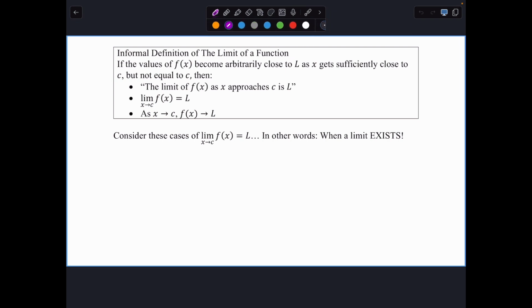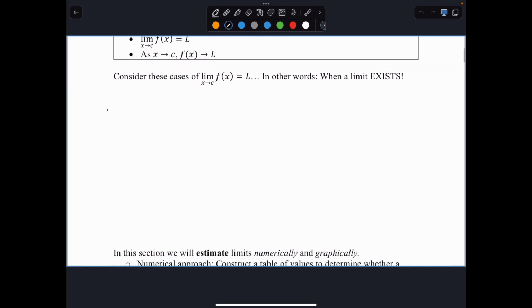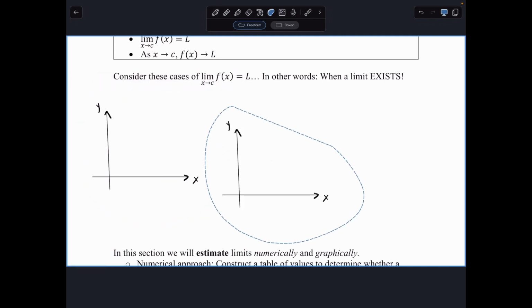So I'm going to draw, how do I want to do this? I'm going to draw 3 graphs here that will look very similar. So I think I'm just going to draw quadrant 1. I'm going to copy and paste this 2 other times.